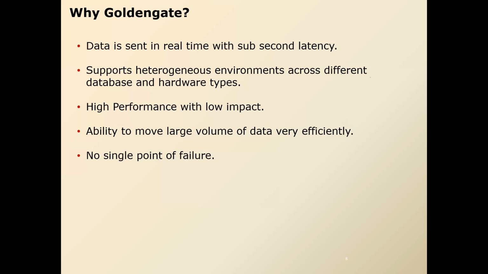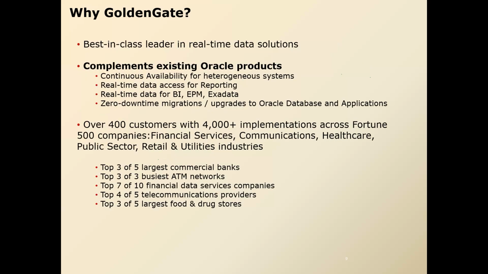Golden Gate has the ability to move large volumes of data very efficiently. It can move your blobs or any other large objects very easily. And there is no single point of failure, which means troubleshooting Golden Gate issues is pretty easy and straightforward. Golden Gate is the best in class leader in real-time data solutions.